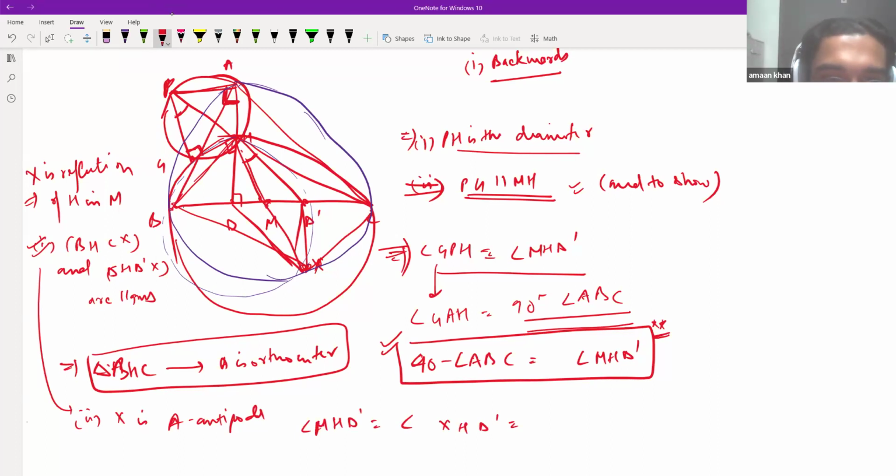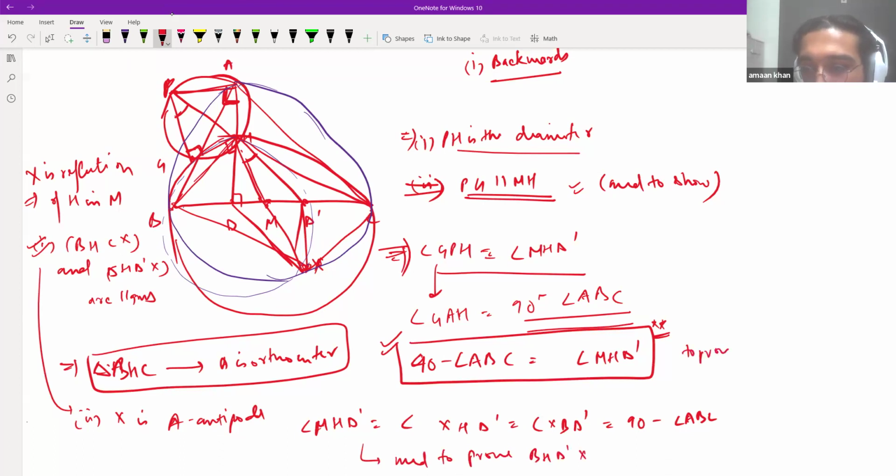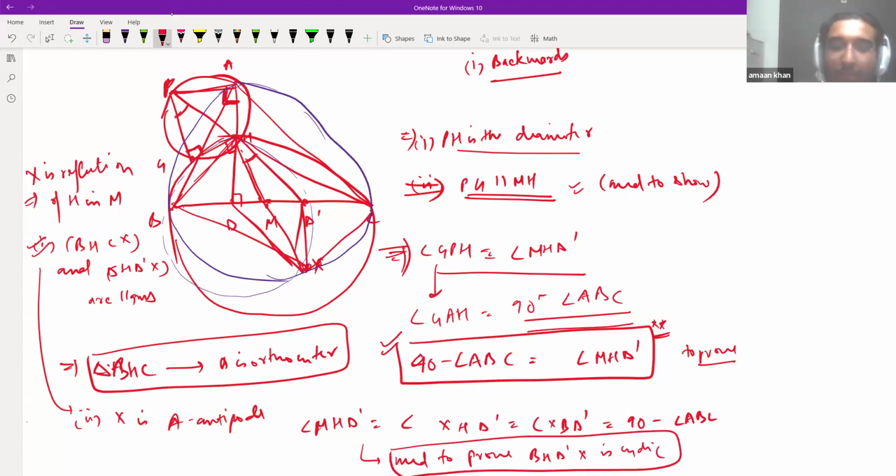And if we show that XHD' is equal to XBD', assuming this is cyclic, then XBD' is equal to 90 minus angle ABC only, because X is the antipode. So he has reduced it to proving that BHD'X is cyclic. Does everyone get what he said?